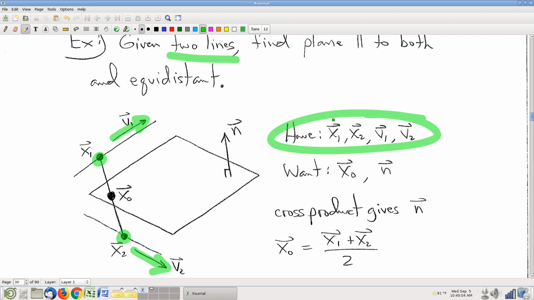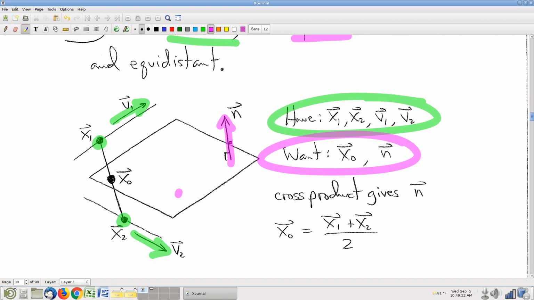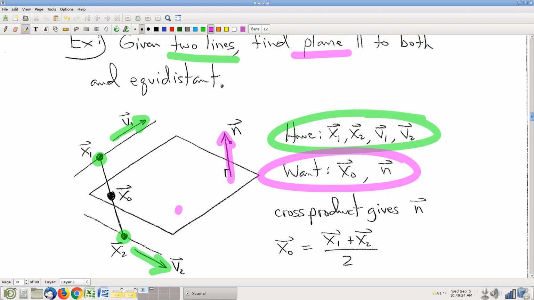I want to find the plane. So I'm going to need some point in that plane, and a vector perpendicular to that plane. Now what had been given as an algebra problem, we've rewritten as a geometry problem. The first part is pretty straightforward. The cross product will give you that normal vector.